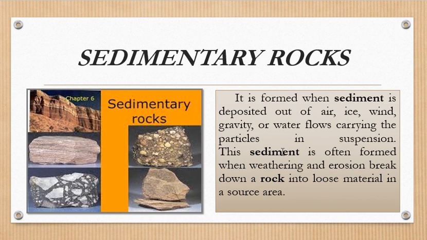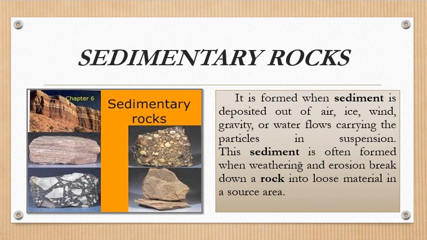So this sediment is often formed when weathering and erosion break down a rock into loose material in a source area. We'll be discussing later this process of weathering and erosion as we go through the rock cycle.